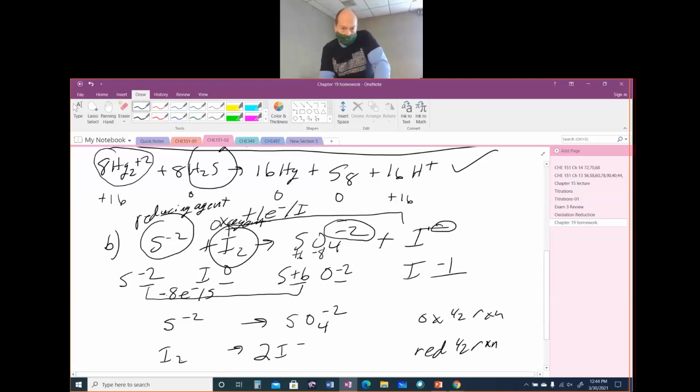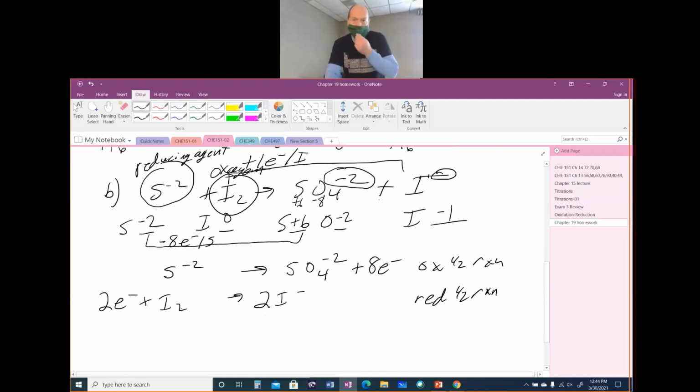All right, so with our sulfur, we needed to lose 8 electrons per S. There's 1 S on this side, there's 1 S on that side. We had to lose 8 electrons. The iodine, we had to gain 1 electron per I. There are 2 I's, so we had to gain 2 electrons.